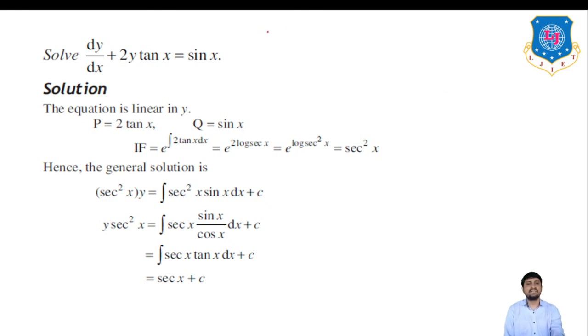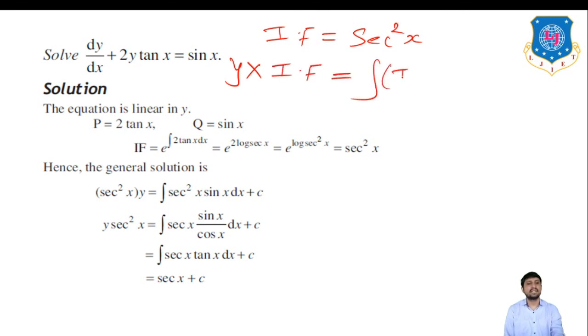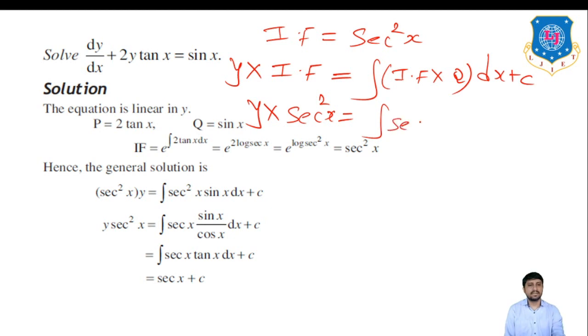Now the integrating factor is sec square x. So my general solution is y into integrating factor, equal to the integral of integrating factor into q dx plus c. So y sec square x equals the integral of sec square x into q, where q is sin x, so sin x dx plus c.